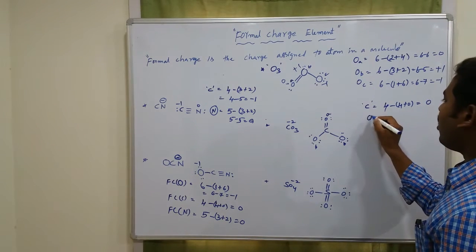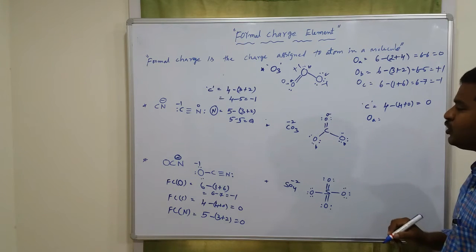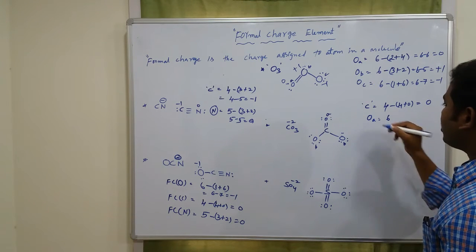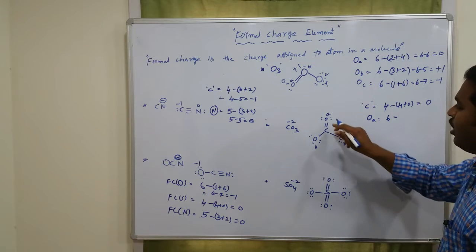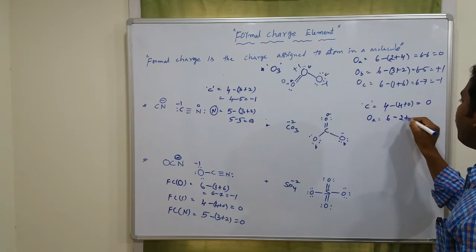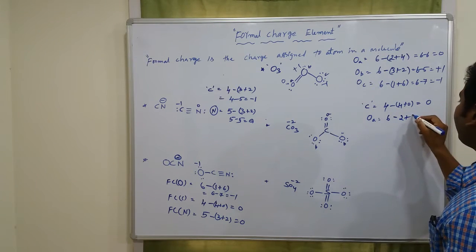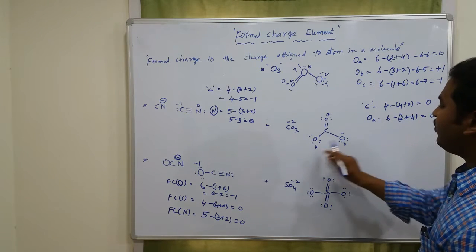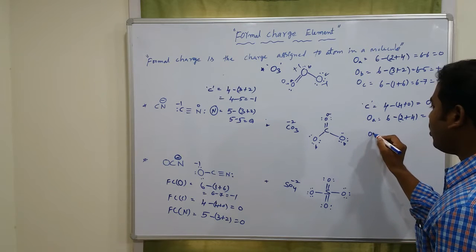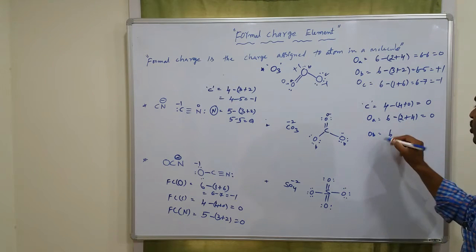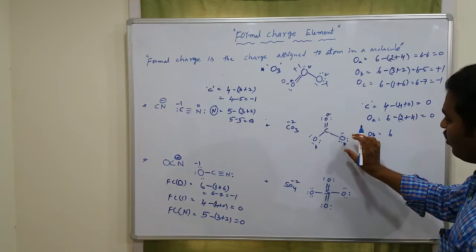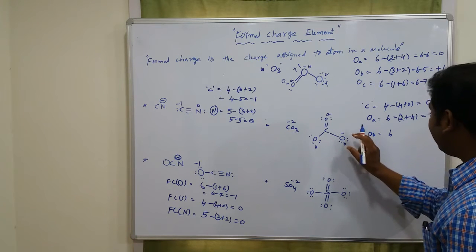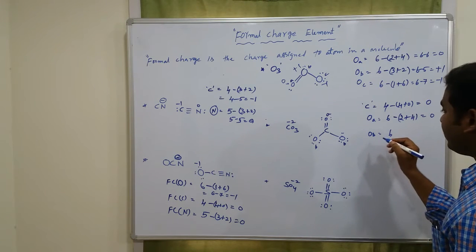Let us see the formal charge for the oxygen A atom. Oxygen belongs to the 6th group. It has 2 bonds plus 4 electrons. So it is also equal to 0. Next, oxygen B, these 2 are similar atoms. Oxygen group number is 6. I can take one of the oxygens here.